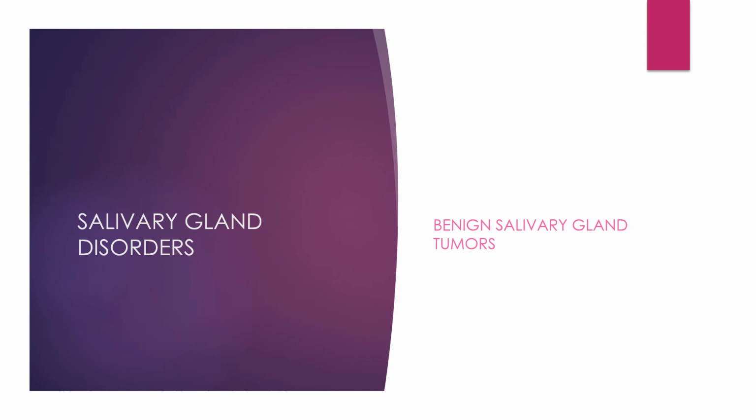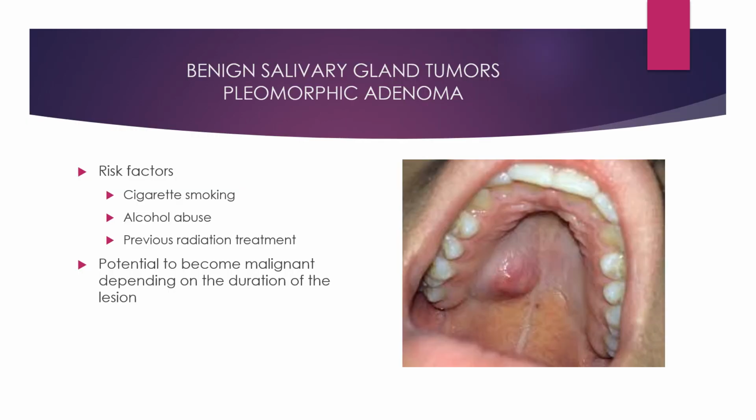There are a multitude of benign salivary gland tumors. While they are located in the major salivary glands, they may arise from the minor salivary glands. Pleomorphic adenoma is a benign tumor. However, it does have the potential to become malignant depending on the duration of the lesion.